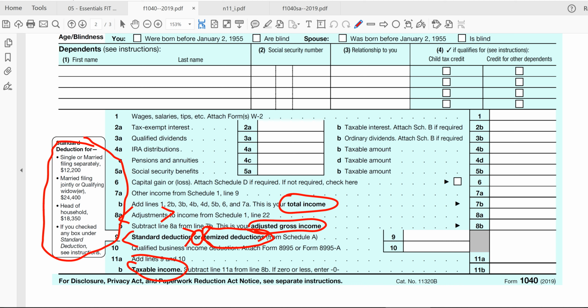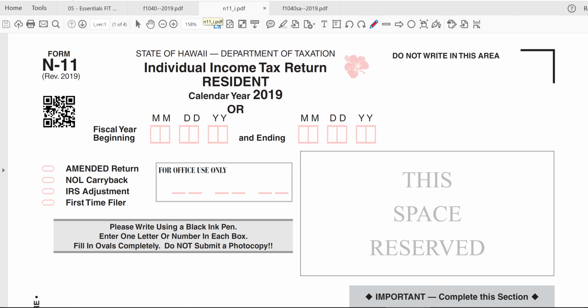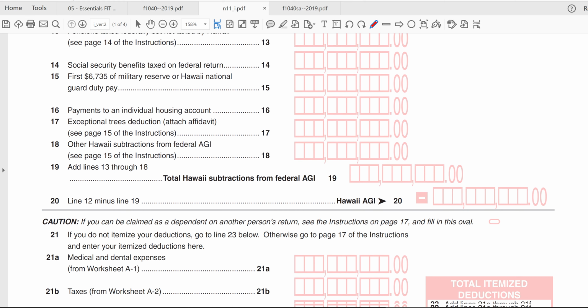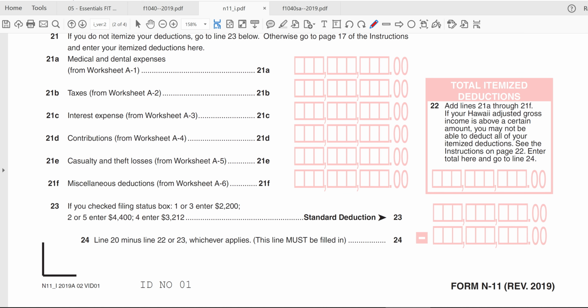Before we take a look at itemized deductions on Schedule A, let's take a look at the Hawaii tax form. Individuals will file this form N-11, and just like on the federal return, we claim either the standard deduction or itemized deductions.